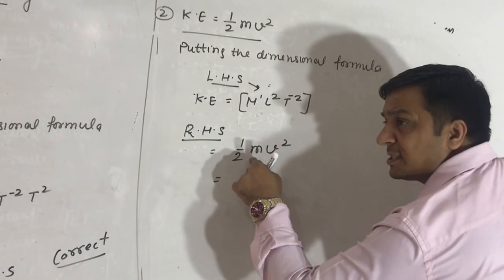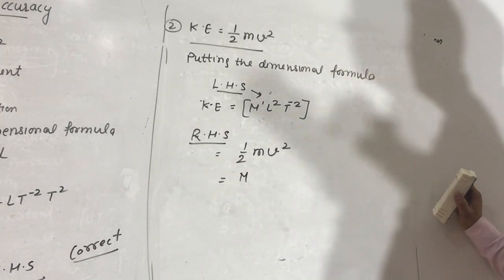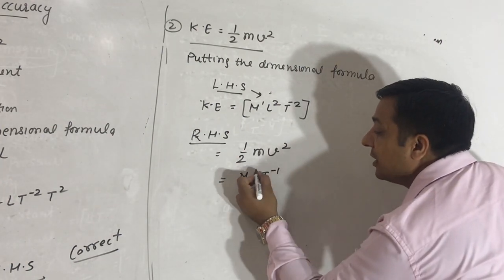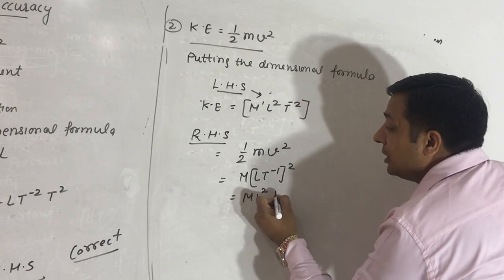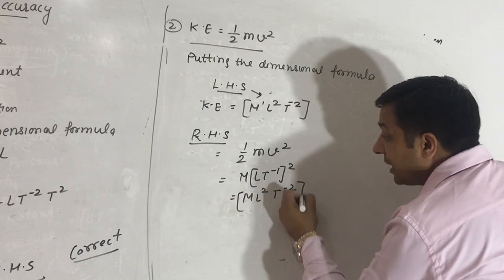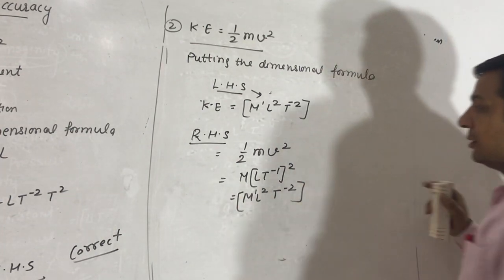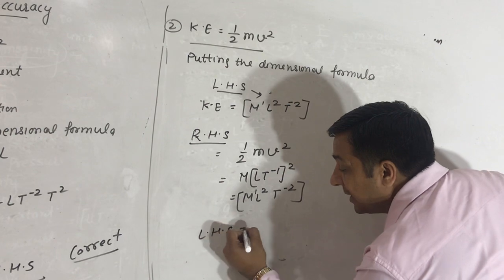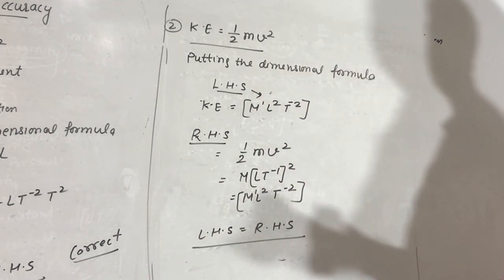Here mass, for mass capital M, and v is the velocity, and for the velocity the dimensional formula is L T minus 1 power 2, and the formula becomes M L2 T minus 2. Now you can compare left hand side and right hand side. Both are equal. If left hand side is equal to right hand side, then dear students, the formula is correct.